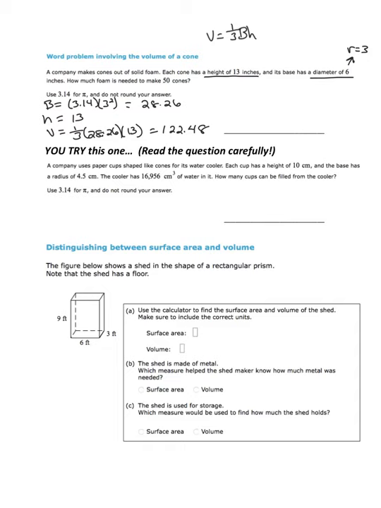But I need to know how much foam I need to make 50 cones. So then I go up here, 122 times 48, not 8. 48 times 50 equals, that's a 46, my bad. I can't read my own calculator. Let's fix this real quick, okay? Totally my fault. I just did not read my calculator properly.